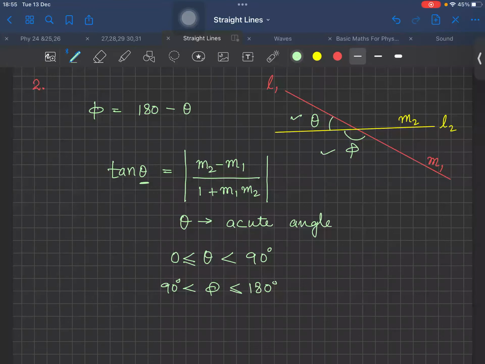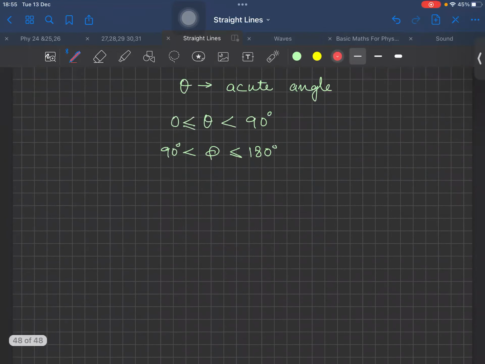Got it? That's why we have a modulus sign, because we only want the positive value of theta, that means the acute angle. If we won't put modulus, it can give either theta or phi, because it will be negative values. All right, so this is the angle between two lines that we studied.